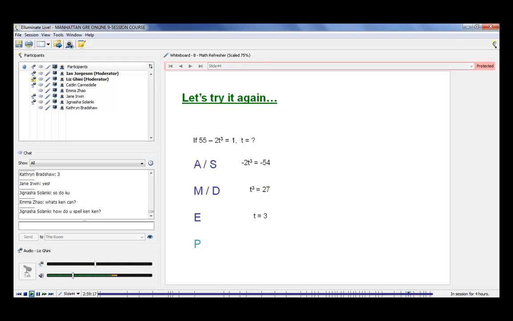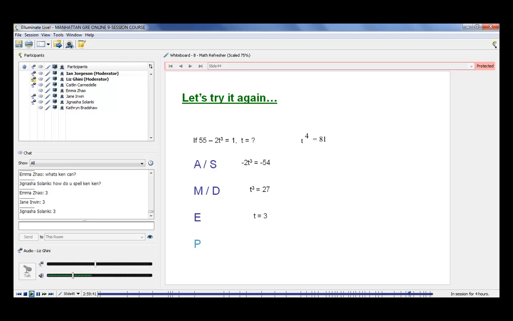Now, what if it were something like, oh, here's another one. This is sort of typical evil of the GRE. t to the fourth equals 81. What would t be here? Here you have to be careful. It's puzzle-like. Emma's saying 3. Jane is saying 3.